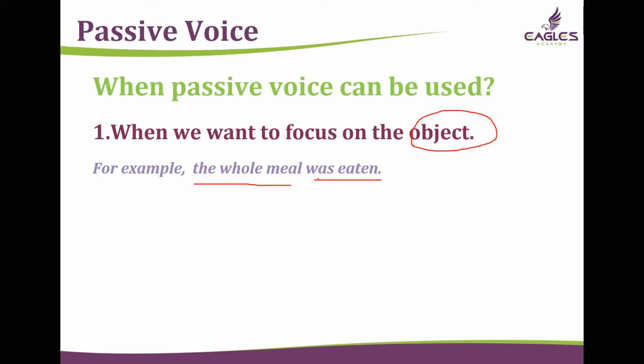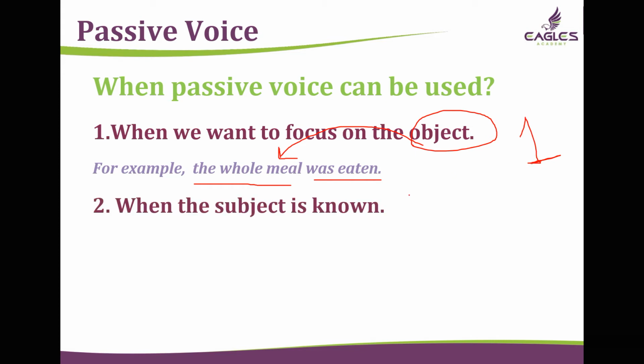The window. So we focus on the object. So when we want to move the focus onto a specific thing, or we can say object, we change the order of the sentence and we take the object to the beginning of the sentence. This is the first use.